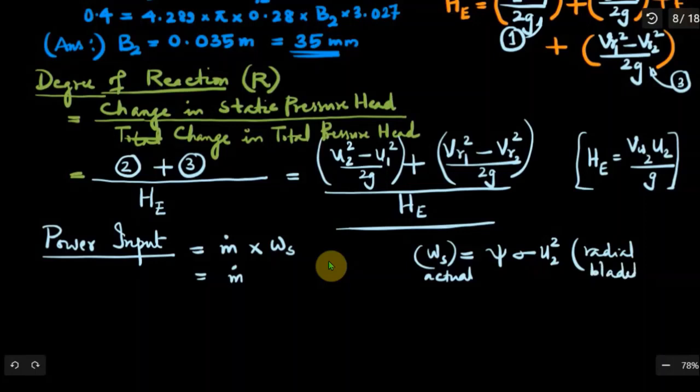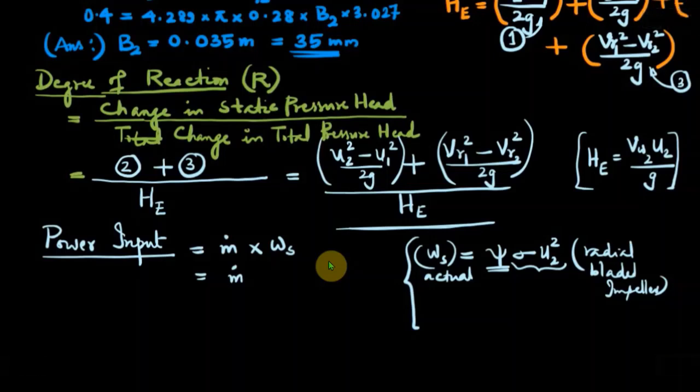So we used this relation already, but in our current case we will use directly. You cannot use sigma U2 square because slip factor is not specified for this case. So unlike the radial bladed impeller case, here we will use Euler's work. Of course you can use power input factor psi, but it is not given here. So assume that psi is equal to 1 here.